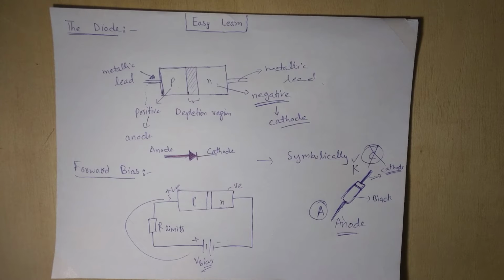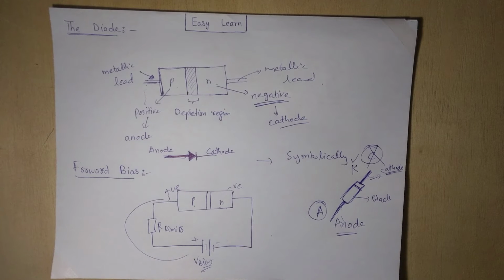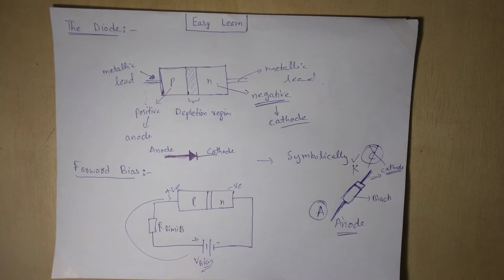This is the first requirement for forward bias. If you don't connect in this sequence, it becomes reverse bias, the other condition that I will explain in the next episode.